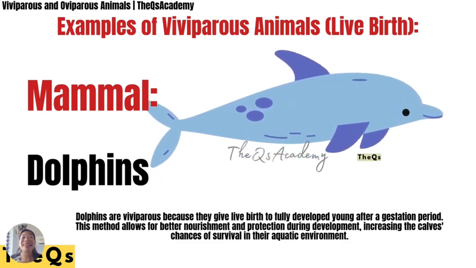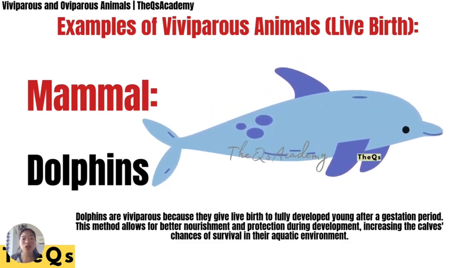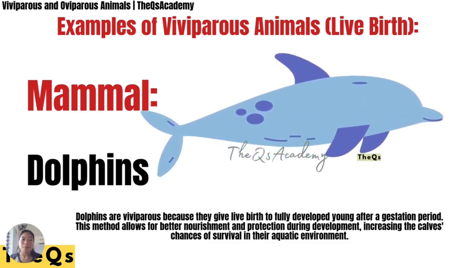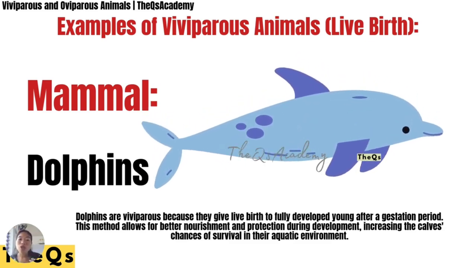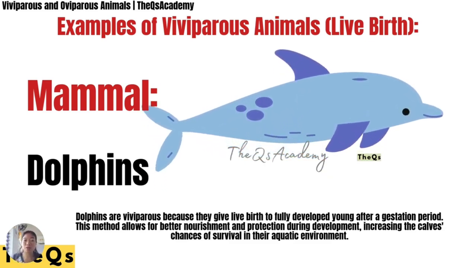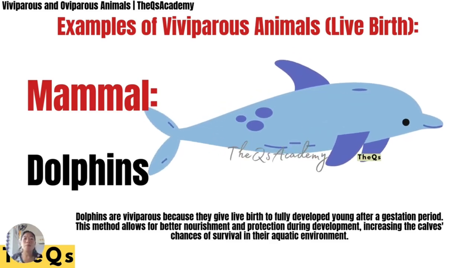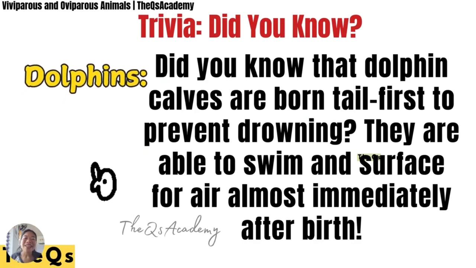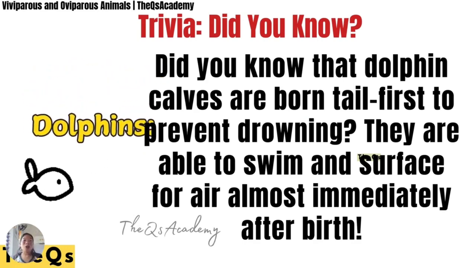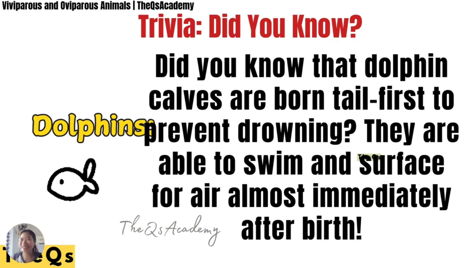This method allows for better nourishment during development and increases the calves' chances of survival in their aquatic environment. Calves is the name of their young. So we have trivia. Did you know that dolphin calves are born tail first to prevent drowning? They are able to swim and surface for air almost immediately after birth.